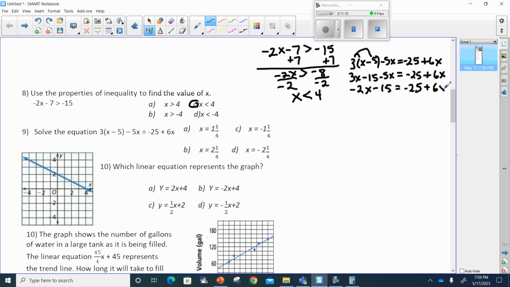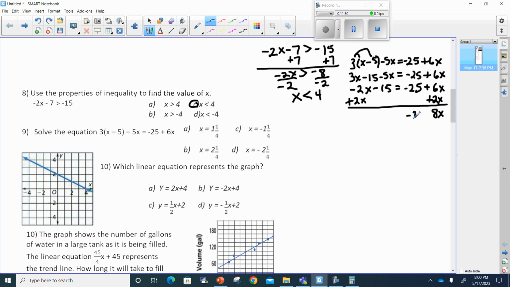Now remember, to make this easier, I want x to be positive, and the only way to do that is to move this over here. So I'm going to add 2x over here, which means I'll add 2x over here. This is going to be 6x plus 2x, that's 8x.